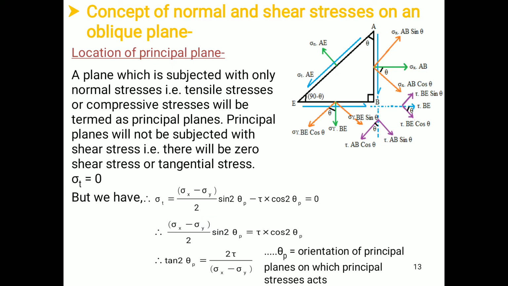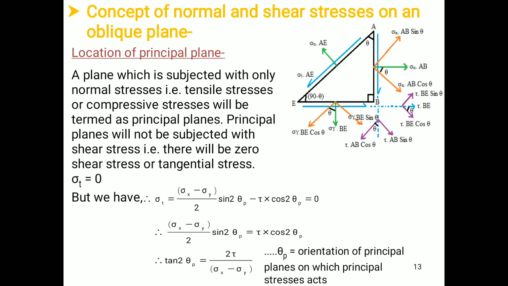On solving this equation, I have (sigma x minus sigma y)/2 times sine of 2 theta p equal to tau times cos of 2 theta p. Therefore the next equation will be tan of 2 theta p equal to 2 tau upon sigma x minus sigma y. This is the location of principal plane which we found by using the concept of sigma t equal to 0.